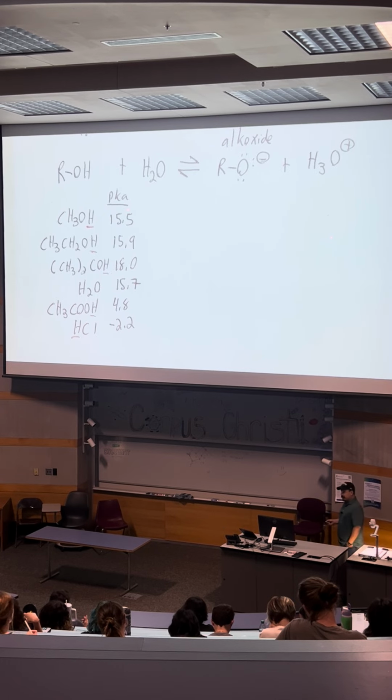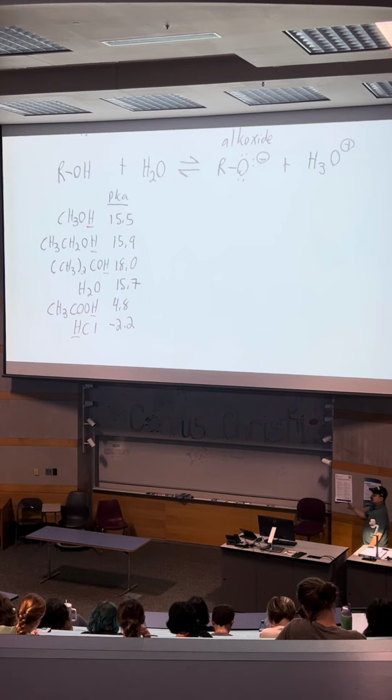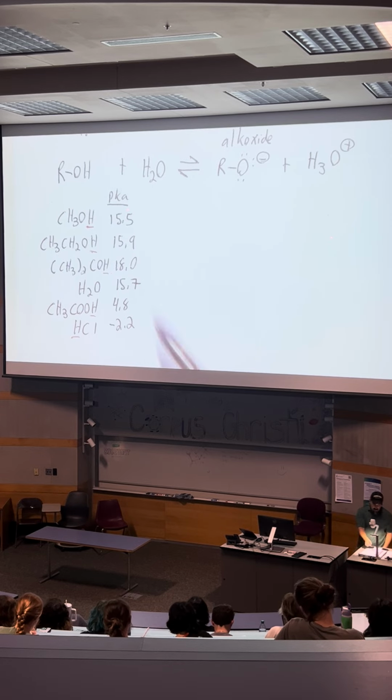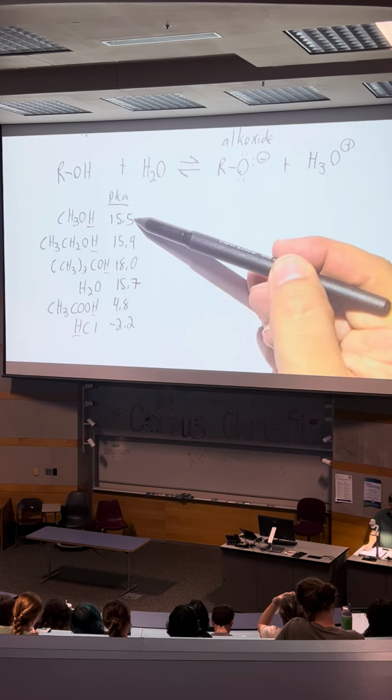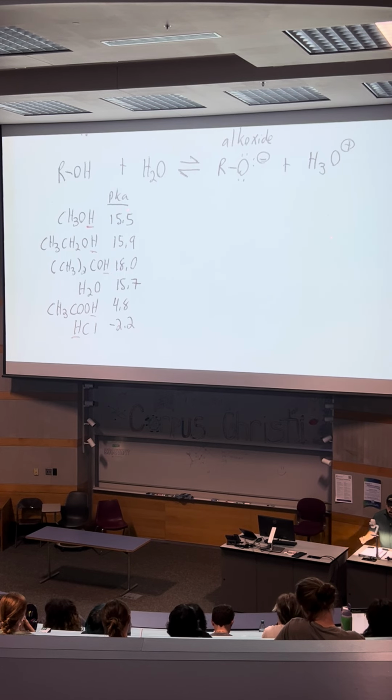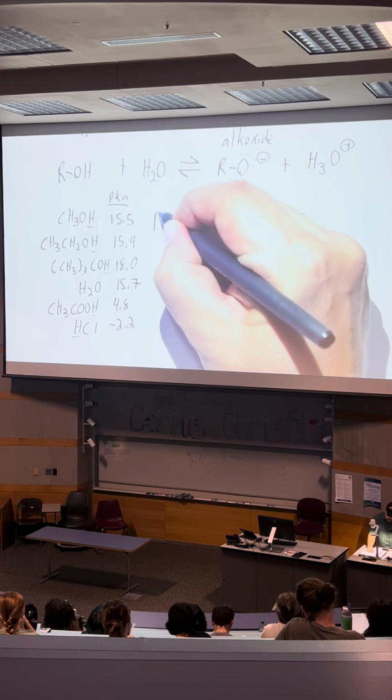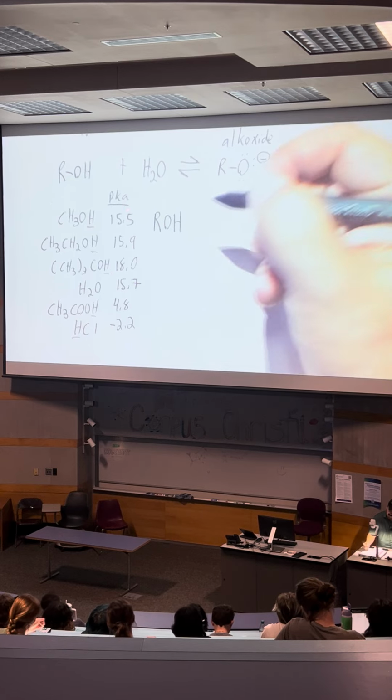Water in and of itself can behave as a base, but it's not a strong enough base to pull off the proton, which is why that equilibrium is such. You'd have to look at the hydroxide anion to figure out whether or not the pKa of its conjugate acid, which is water, 15.7, is sufficient to deprotonate something like methanol.